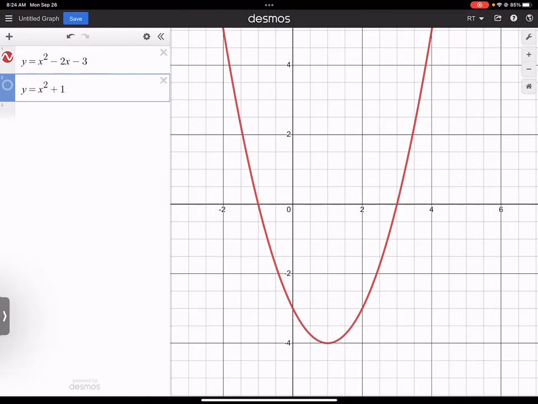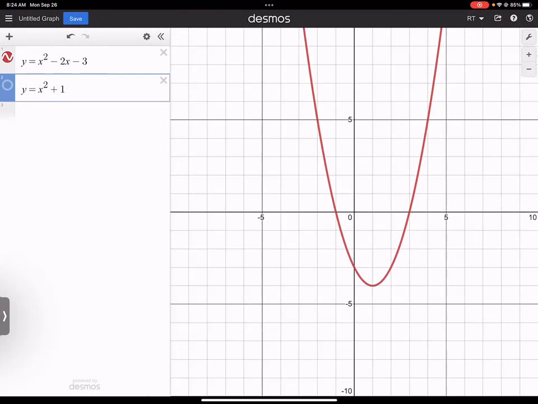So what do you know about it right away, before we even had a graph to look at? Quadratic, so it's a parabola and it opens up, right? Because the leading term is positive. Okay, so it opens up. Now that I've got the graph to look at, what else do we find out?